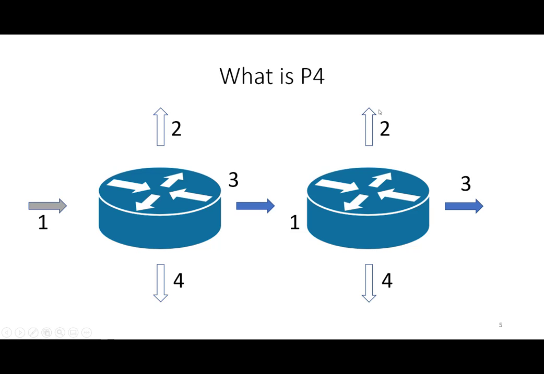This is our path. So what we can do is we can send a packet and say, well, this address is 3.2. When this first router sees the 3, it will forward to port 3, and then when the second router sees that the next port is 2, it will forward to port 2. So the path can be embedded inside the packet itself.